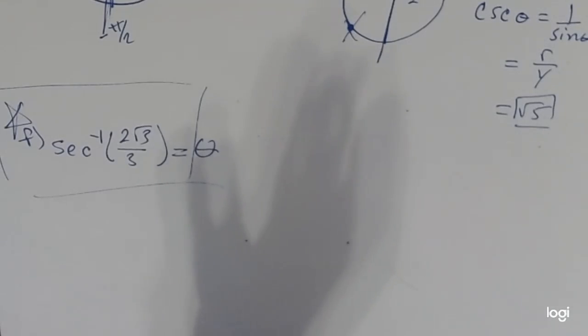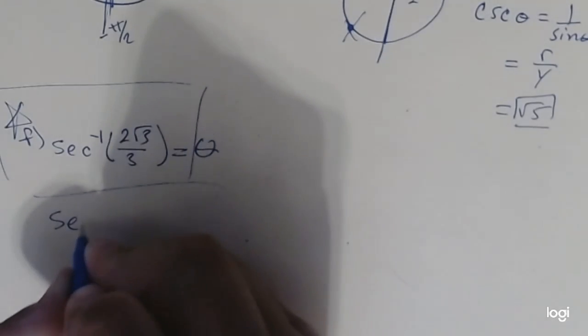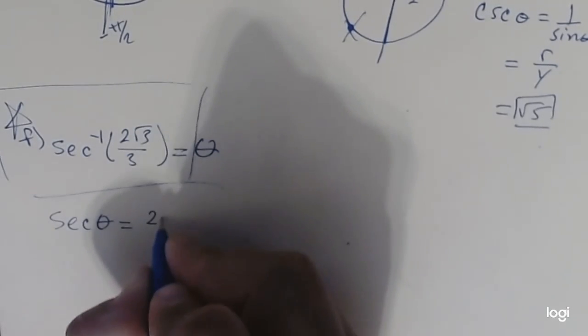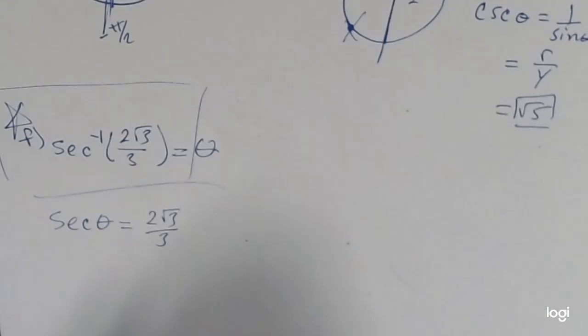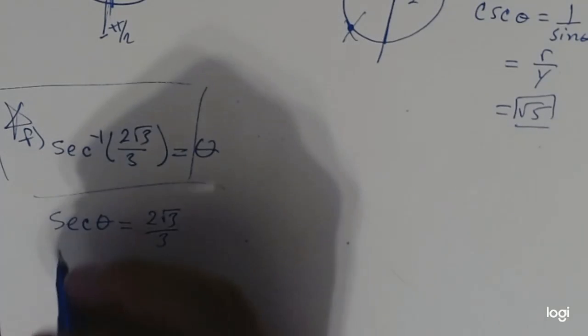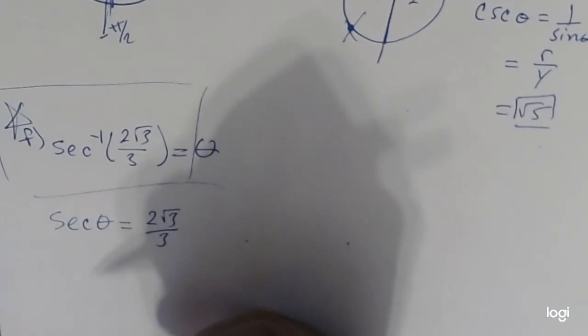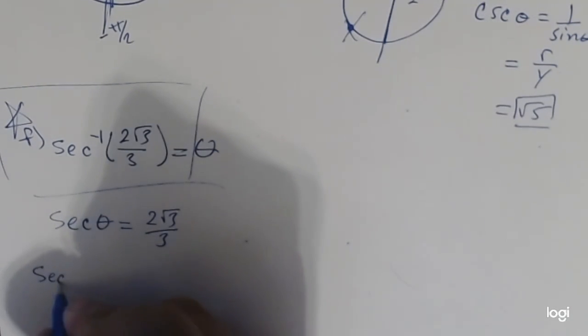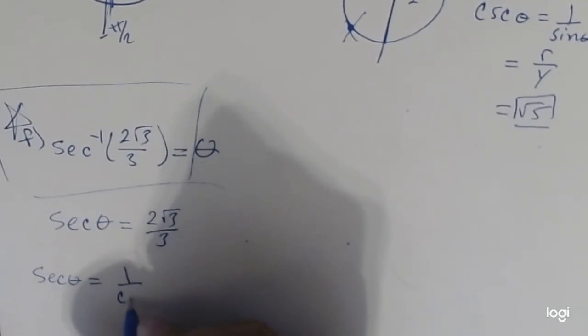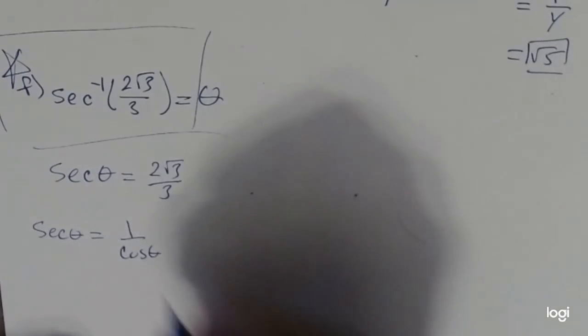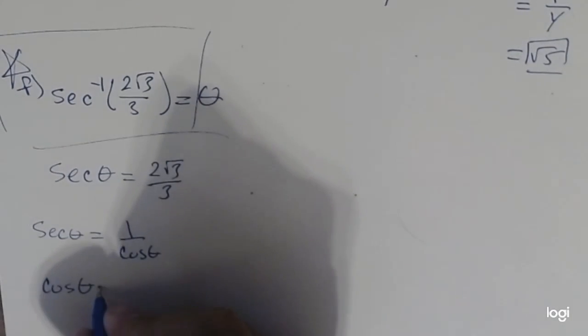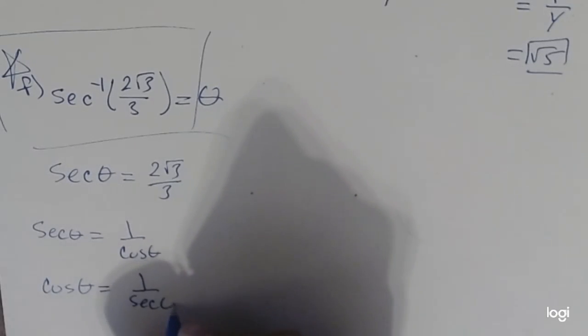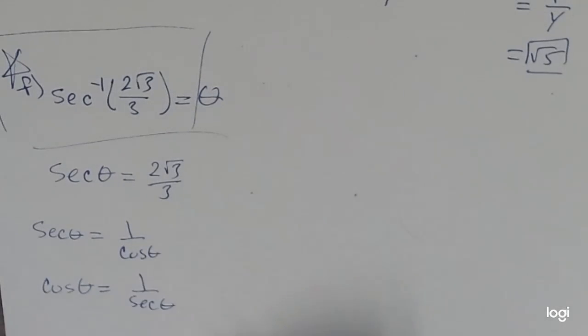this is the same thing as secant theta is equal to 2 radical 3 over 3, correct? Using the definition of secant. Okay. Now, we know that secant is equal to 1 over cosine, right? So secant theta is equal to 1 over cosine theta. So if I go opposite, cosine theta is equal to 1 over secant theta, right? Just using relationships.